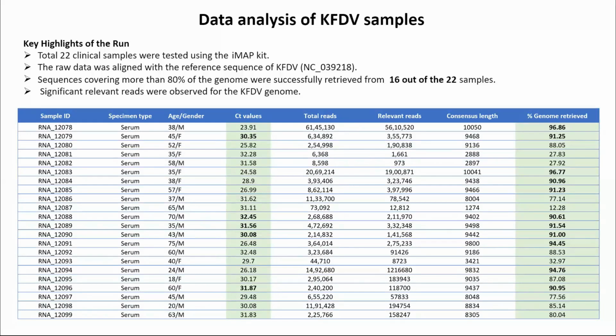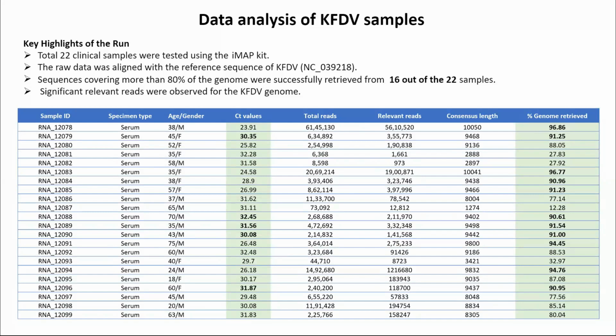And if you know about Kyasanur Forest Disease, it's a flavivirus, and we could see only less than 3% differences among these strains. Most of these clades are divided into clade 1 and 2. The recent strain comes in clade 2, and we could retrieve it very quickly using this kit.